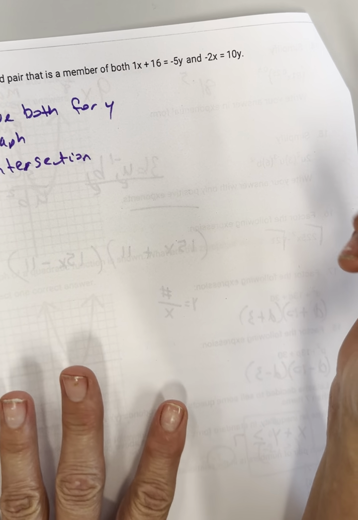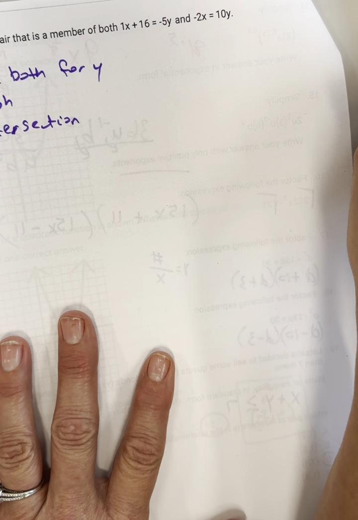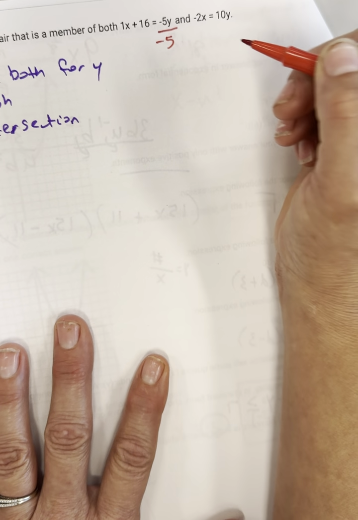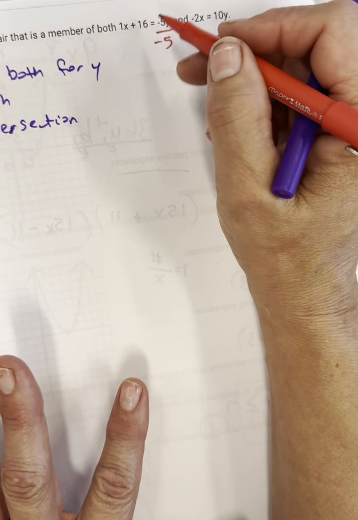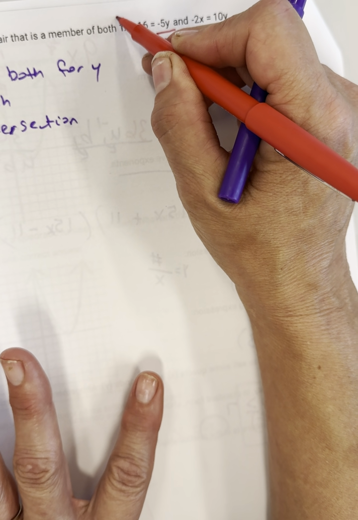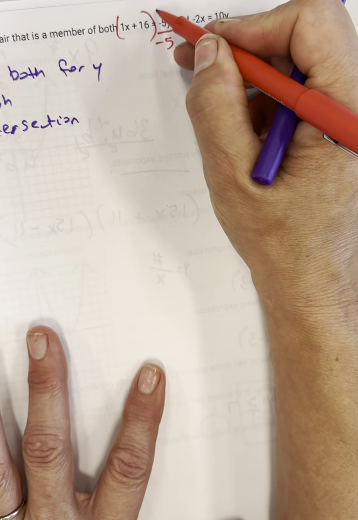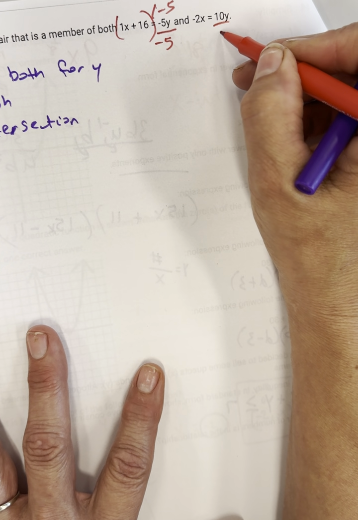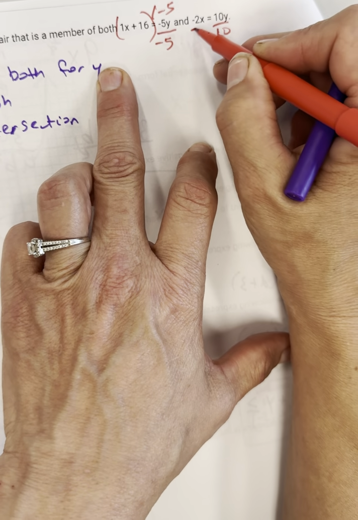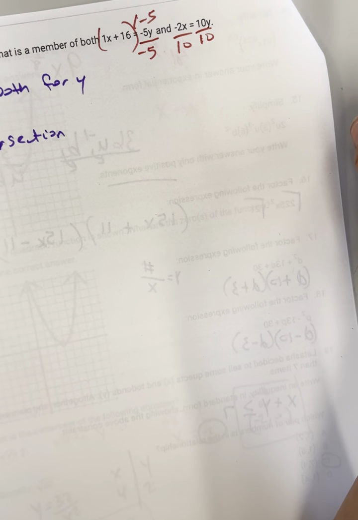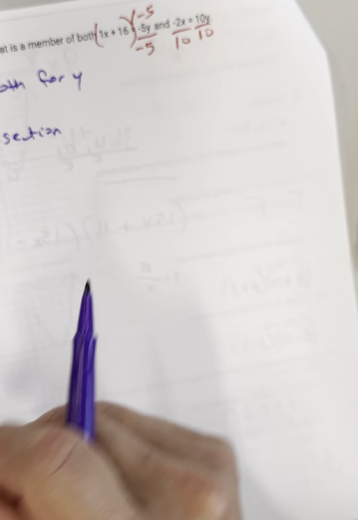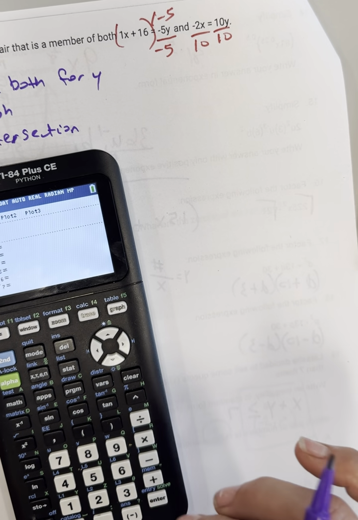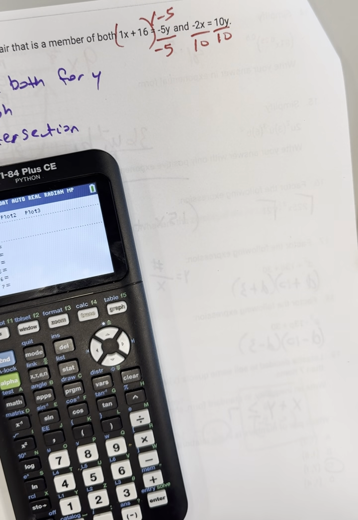Okay, so let's do that since they're both easily solved for y. So I'm going to divide everything by -5. And you don't even have to reduce it or simplify it. You can put a parentheses and then divide by -5. And we're dividing by 10. There's only one term, so I'm going to go ahead and divide by 10. So my calculator, y equals, and again, you don't have to reduce it.